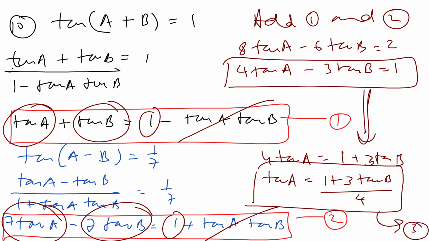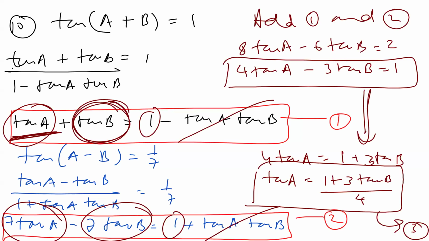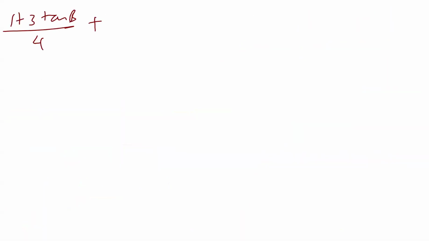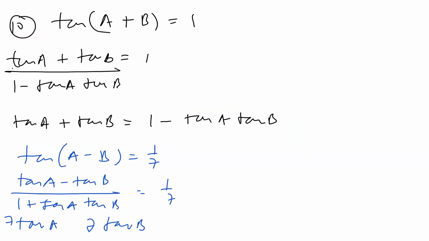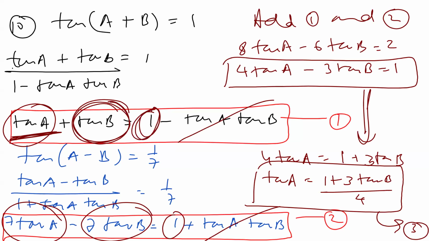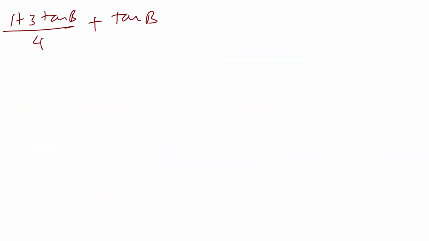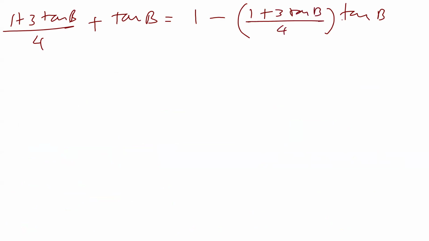So tan A, which is 1 plus 3 tan B upon 4, plus tan B, tan B will remain tan B, equal to 1 minus tan A tan B. So again, I'm going to put the value of tan A over here: 1 plus 3 tan B upon 4.